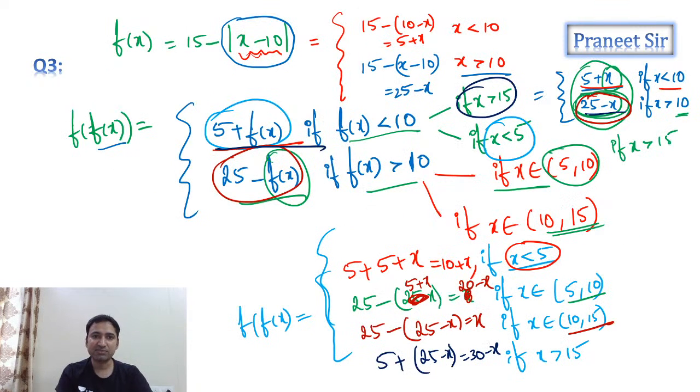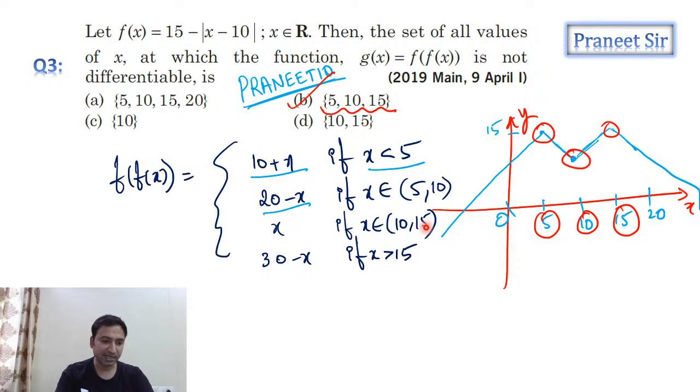What we have done is, first we calculated f of x, we simplified it, and then we drew the f of x graph and checked where sharp edges are there. Sharp edges means where slope is changing suddenly. So 3 times slope is changing suddenly, guys. So at these particular points, 5, 10, 15, it is non-differentiable. Clear now?